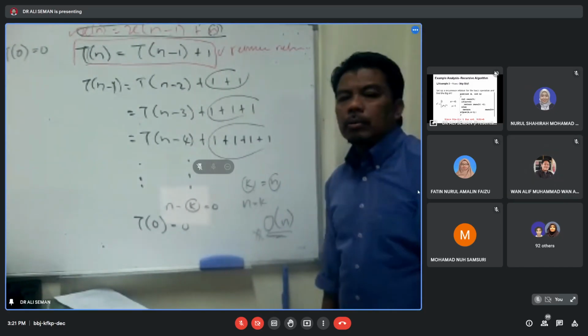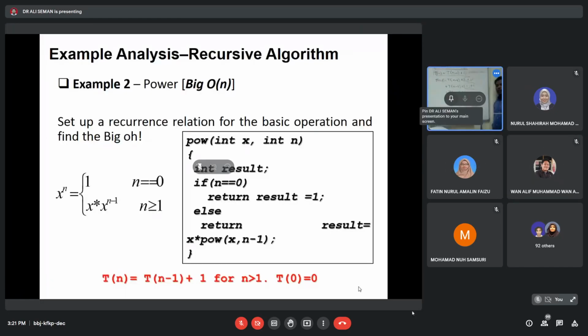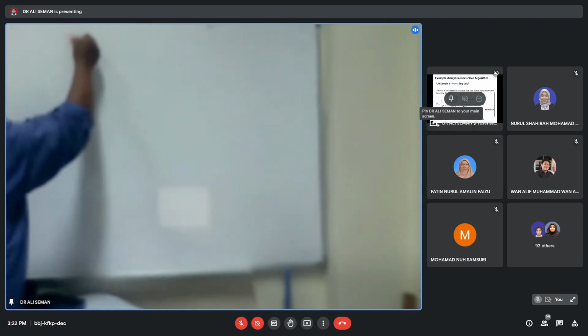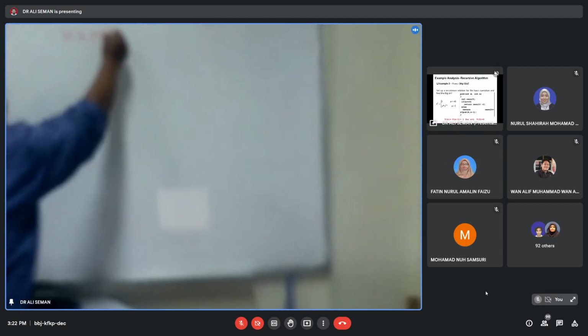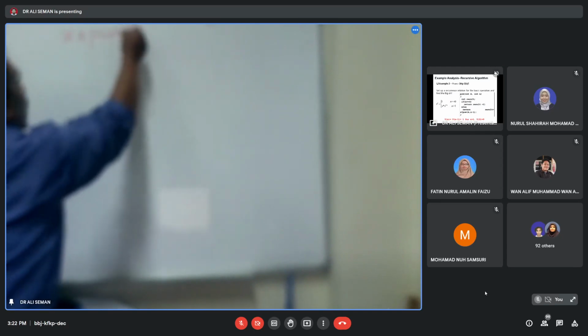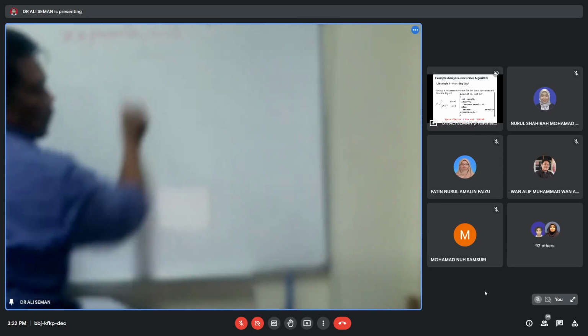Okay, now we move to example 2. Look at power, with integer x and integer n. When n equals 0, return 1. So as a result, based on the formula in the algorithm, we have x times power of x and n minus 1.